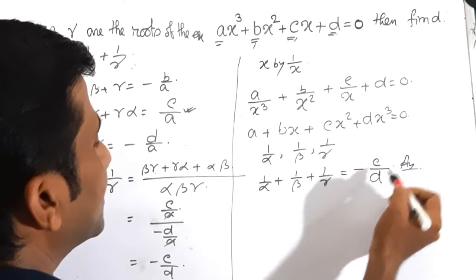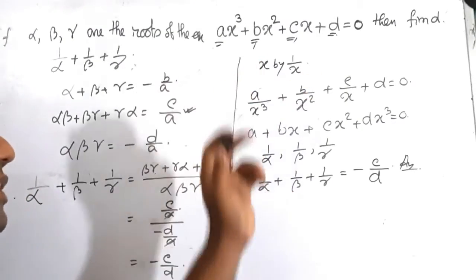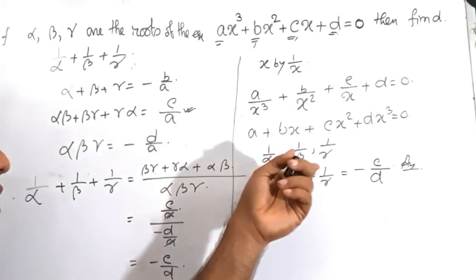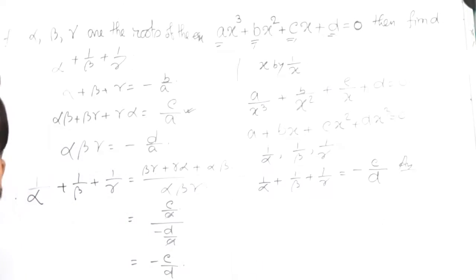This is your required answer. You can do it in this way, or by substituting x by 1 by x you get the value of 1 by alpha, 1 by beta, 1 by gamma. These are two types of solution.